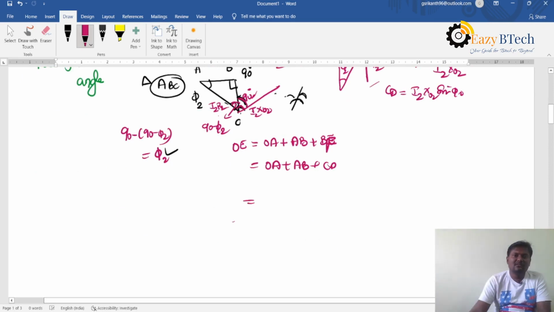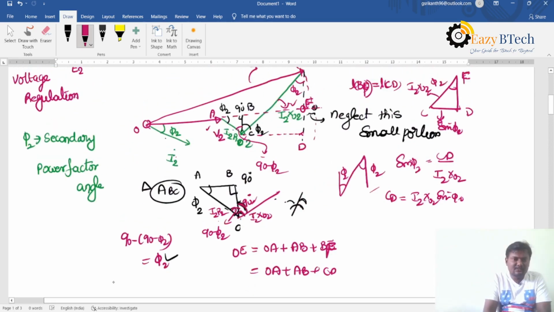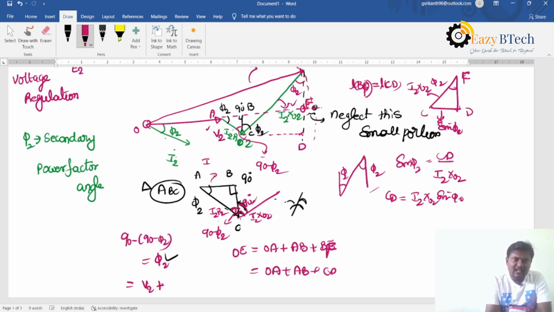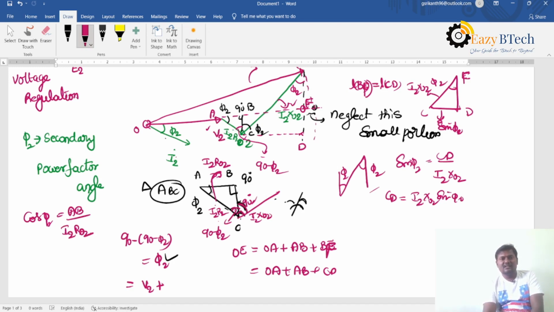What is the OA value? The OA value is V2 plus AB. What is the AB? Again we are having one more triangle, cos phi 2. For this triangle, cos phi 2 is equal to AB divided by hypotenuse, which is I2 R02. Yes, the length of AC, this is called the hypotenuse, is I2 R02.